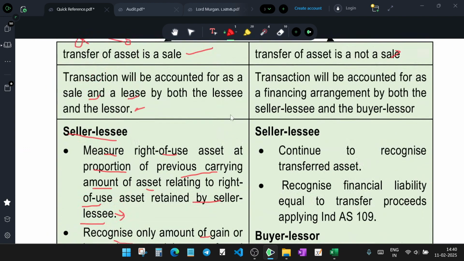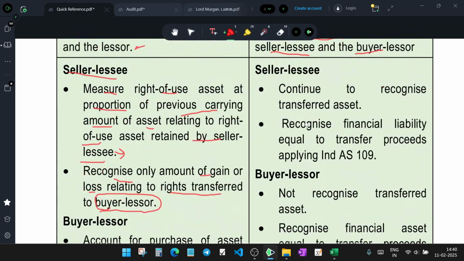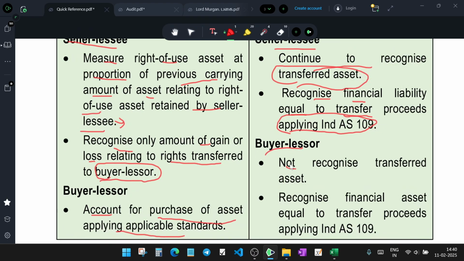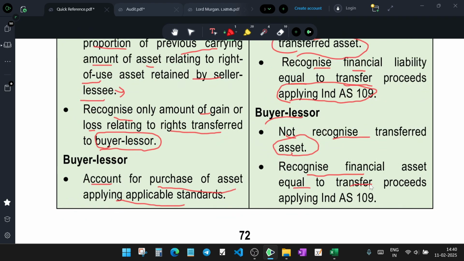Correct. Here, the transfer of the asset is not a sale. The transaction will be accounted for as a financing arrangement by both the seller-lessee and buyer-lessor. The seller-lessee continues to recognize the transferred asset and recognizes a financial liability equal to the transfer proceeds under Ind AS 109. Here it is not a sale, he is just leasing it back, but it is based on every month's payment. The buyer-lessor does not recognize the transferred asset because the asset is not transferred, and recognizes a financial asset equal to the transfer proceeds. So every month's payment will be considered as an asset, but it will not be considered as an expense.